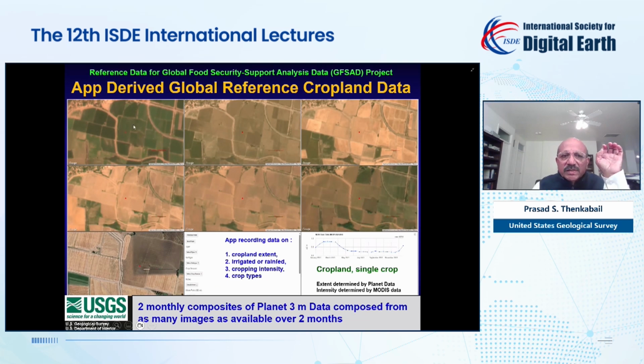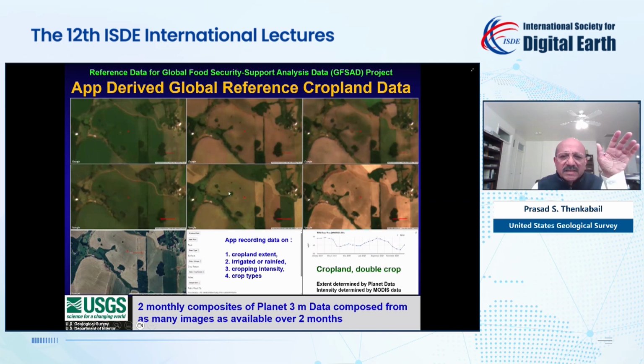So we try to take not only a large number of samples, but samples where we have definitive answers on whether it is cropland or not. If you have a large number of samples, but a number of them are uncertain, then it is a problem, correct? So we want samples to be very sure about what we are gathering. So you develop an app, and then you generate data points across the world, and then interpret them and keep generating.